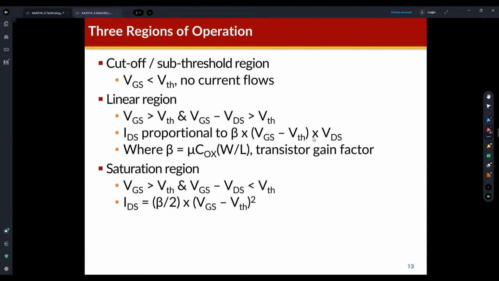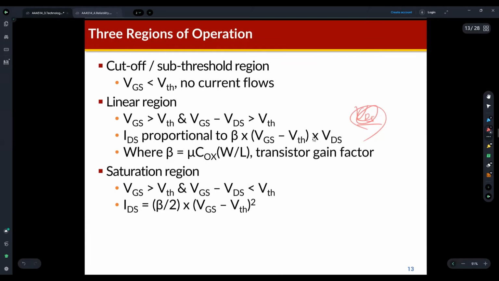Actually, the MOS transistor has 3 different operation modes: the sub-threshold region, like a cutoff region, then the linear region, and then the saturation region. These 3 conditions are determined by the gate voltage, and also the voltage level between the source and drain.